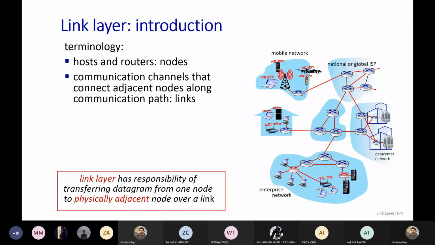Even if it is wired, it can be UTP, optical fiber, or any physical link. In wireless, it can be a radio channel, a satellite link, or a microwave link, so any link. Links and communication paths are also formed inside a local area network, and we will call all of them links.